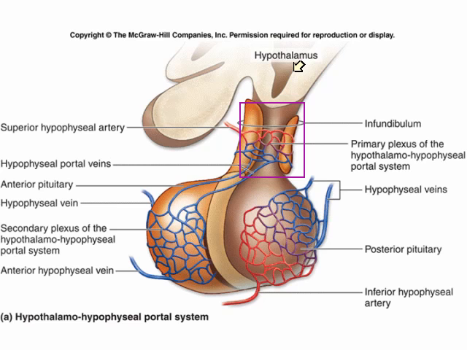Now, the primary plexus is what is highlighted in purple, that being the primary plexus, or the primary capillary bed. And so the blood that is in the primary plexus is basically connected to neurons coming out of the hypothalamus.